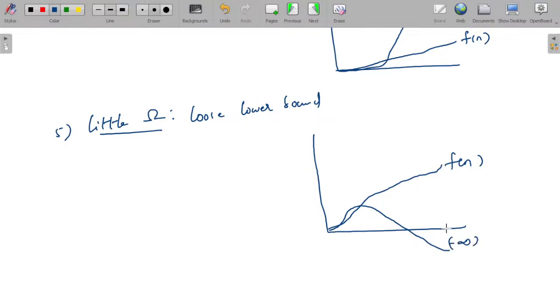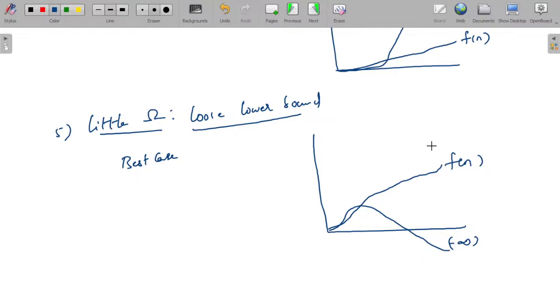This is also used to represent the best case, but it uses a loose lower bound representation. That means it will be very far downward and will not be very close to the real time.